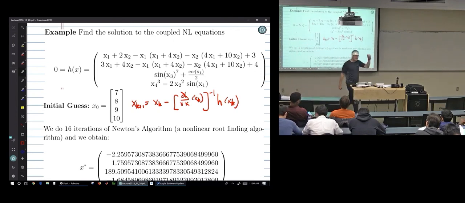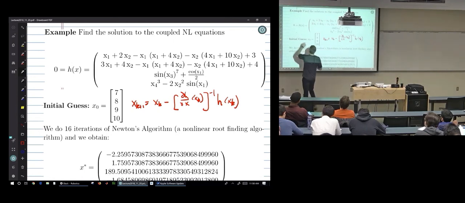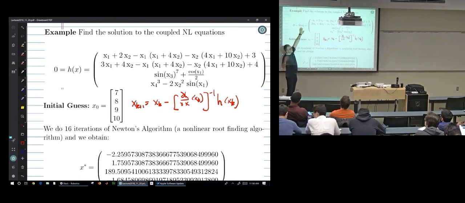Yep, question? Okay. What if my equation were h of x equals sine of x? Is there one solution? Yes, there is one, but there's also two. There's also three. There's also four. There's a whole bunch of solutions, okay?